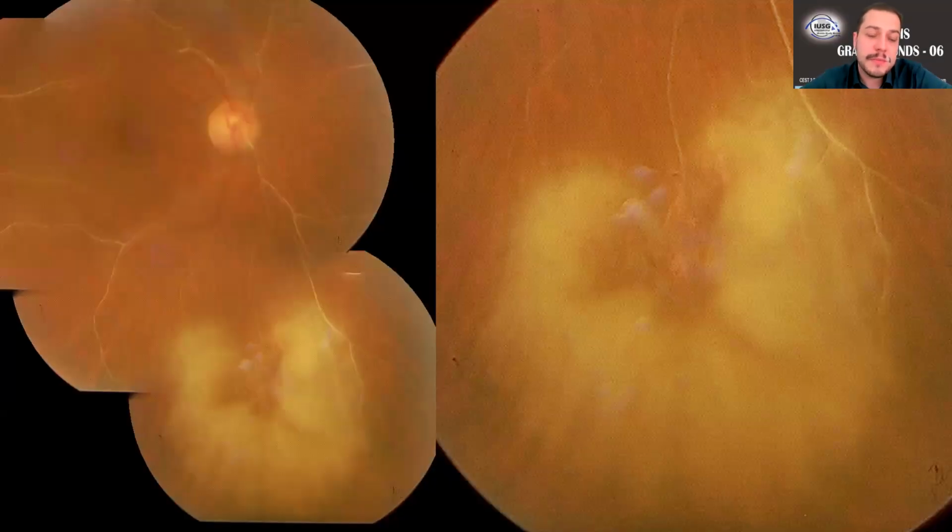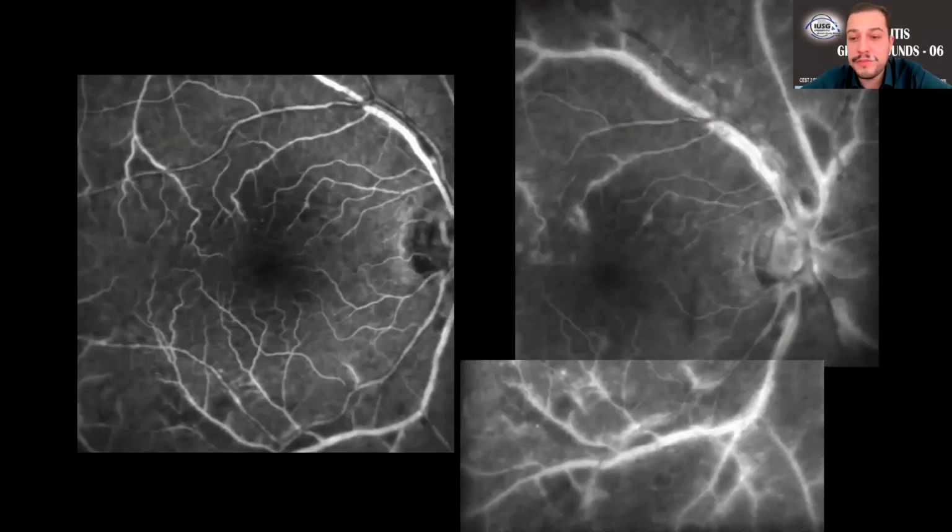In the fundus exam of the right eye, we can see extensive yellowish lesions with ill-defined margins due to a necrotizing retinitis, and this vasculitis with these ghost vessels. The fluorescein angiography highlights the extension of the vasculitis.